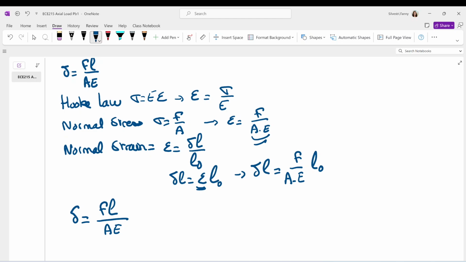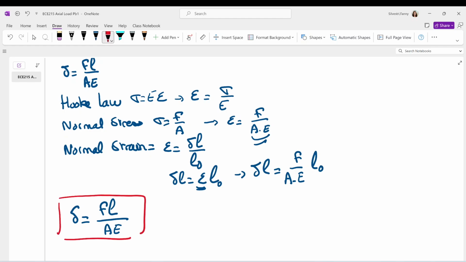The little delta will be in millimeters, the force will be Newton or kilonewton, and L in millimeters. The A will be your area in millimeter square, and E, if F is in Newton, will be in megapascal. If F is in kilonewton, E will be in gigapascal. So that's how we have this formula.